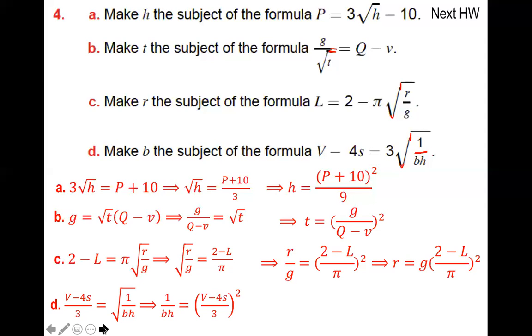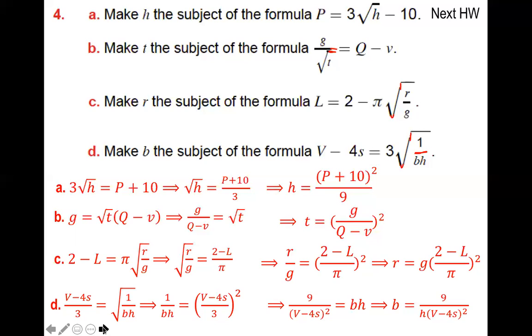And the last one, D, divide by 3 first, then square that. Then you can say, okay, I'm going to rewrite it as BH this time is equal to 3 squared, which is 9, divided by V minus 4S squared.